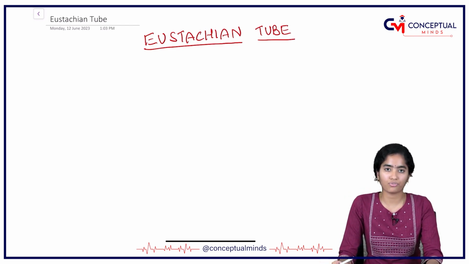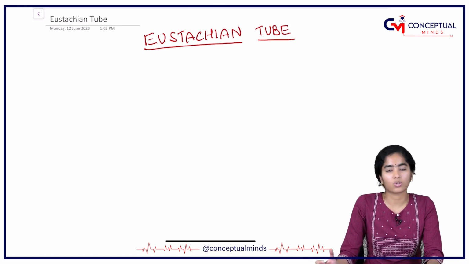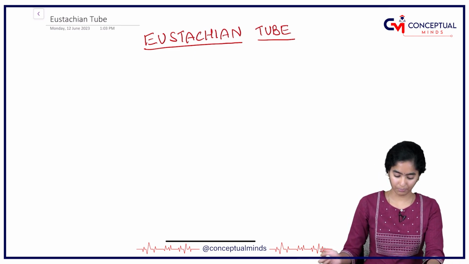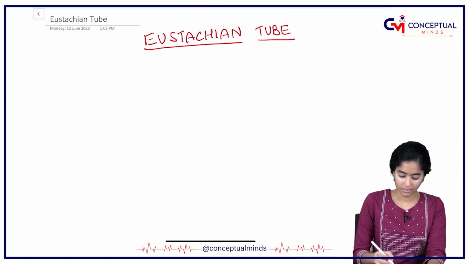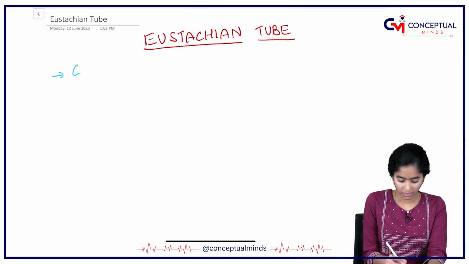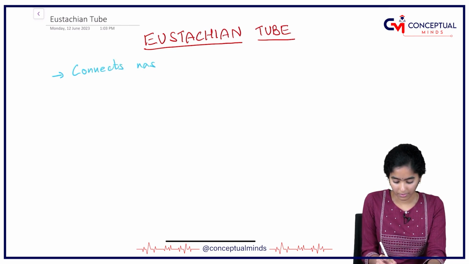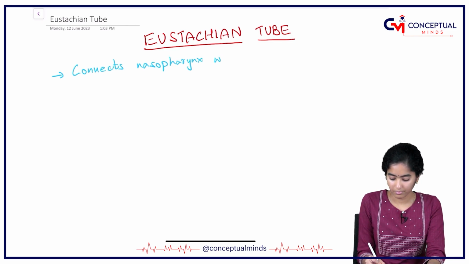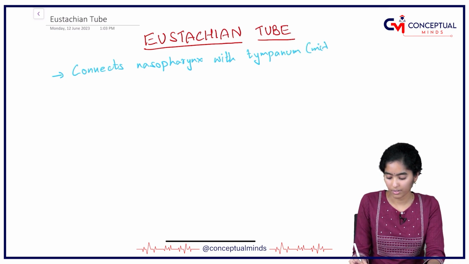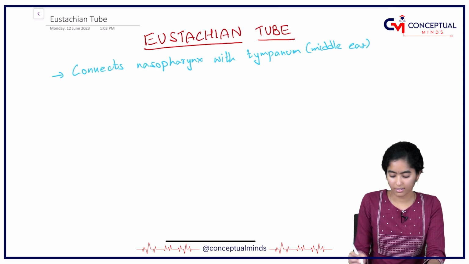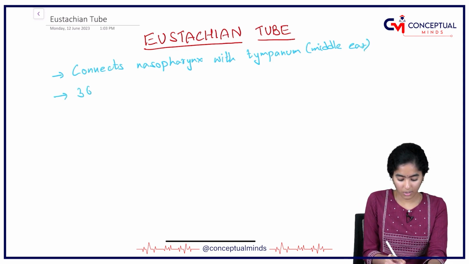Pharyngotympanic connects the nasopharynx with the tympanic cavity, also known as the middle ear cavity. This tube is 36 millimeters long.